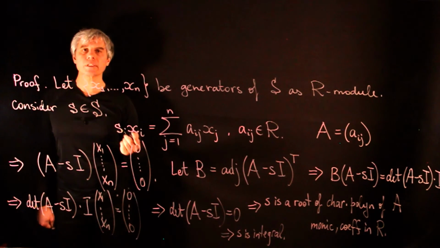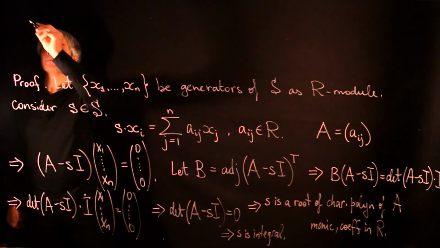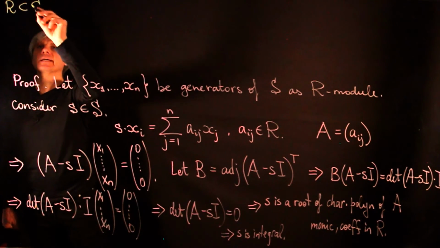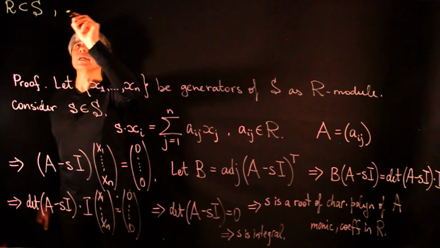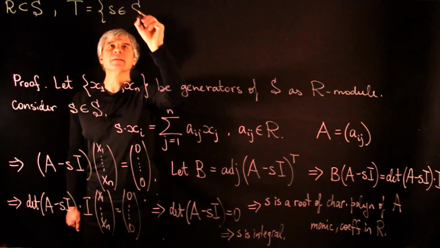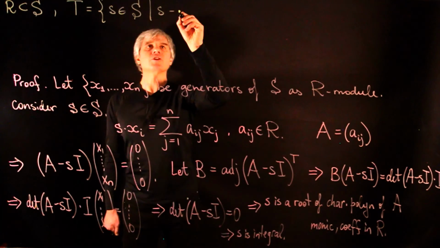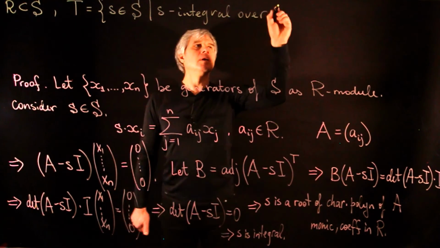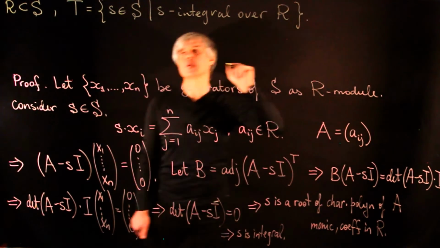Now, with these two lemmas, we can prove our main theorem. So let's recall. Here we have a ring extension S of the ring R, and T is the set of elements in S which are integral over R. And we make two claims.